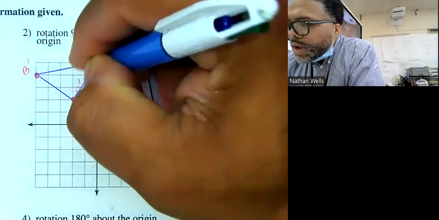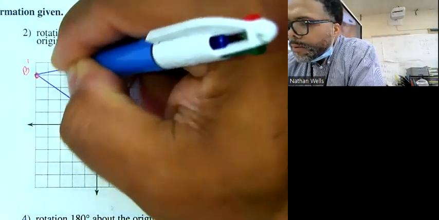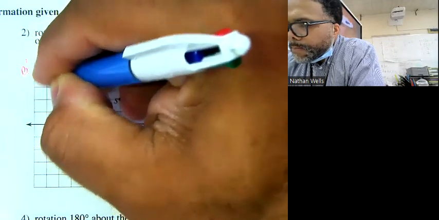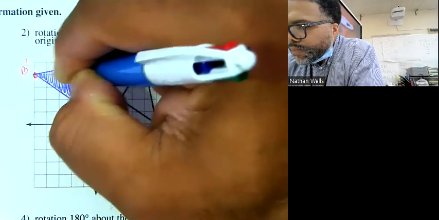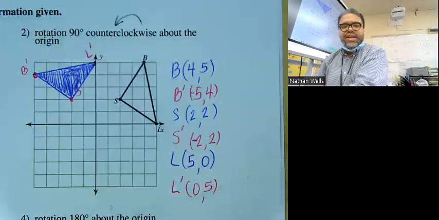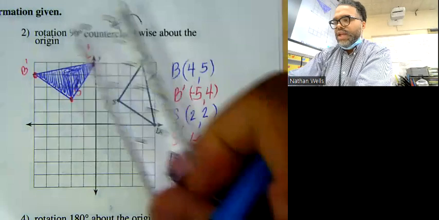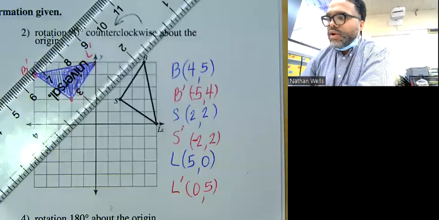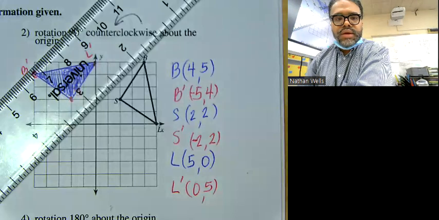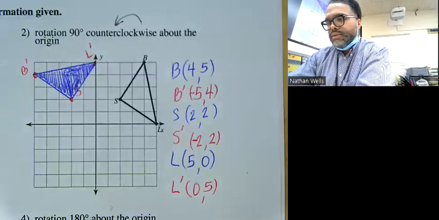Again, I'm going to shade mine in. And this is what it would look like if we took the original and rotated it 90 degrees counterclockwise.